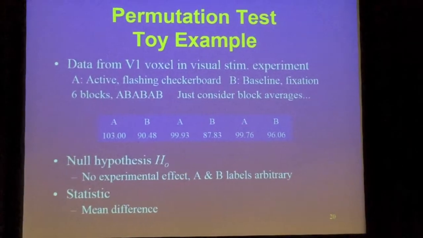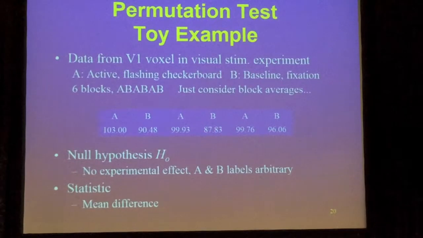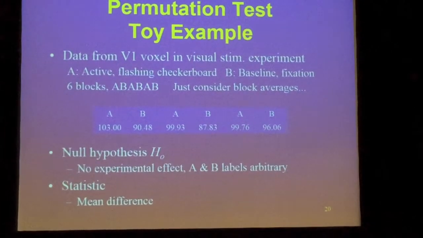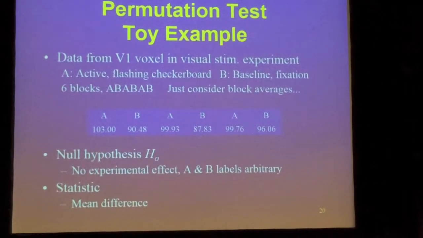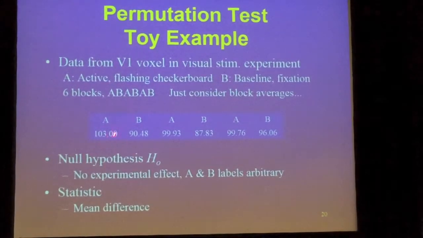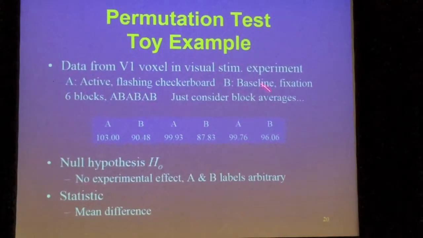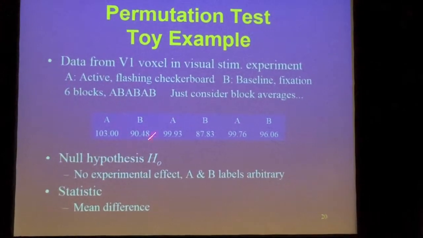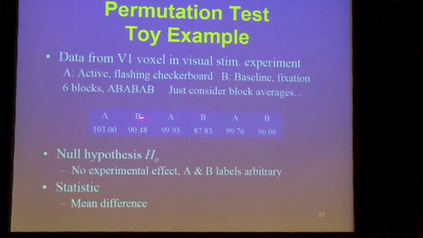So here's a toy example for permutation. We have data from a V1 voxel in visual cortex during visual stimulation. A is the condition during active flashing checkerboard stimulation, and B is the passive condition, just looking at a dark screen.